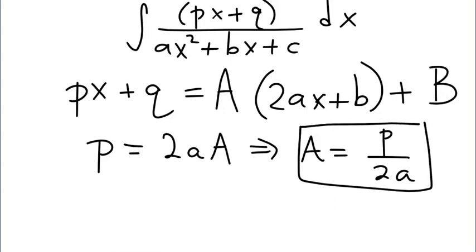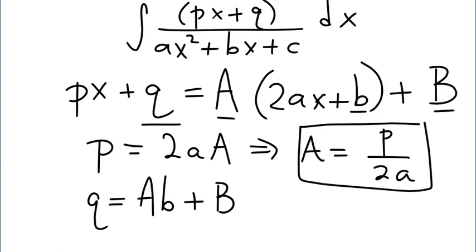Next, comparing the constant terms, q to capital A times b plus capital B, we can write little q equals capital A times little b plus capital B. And you can solve for capital B as q minus capital A little b.